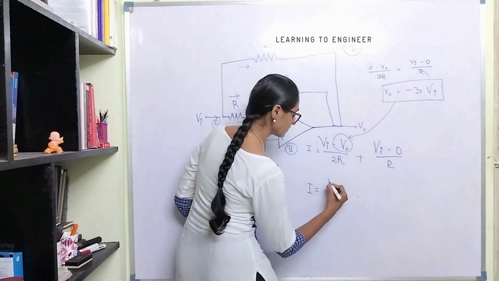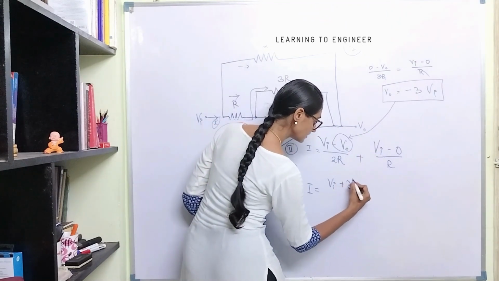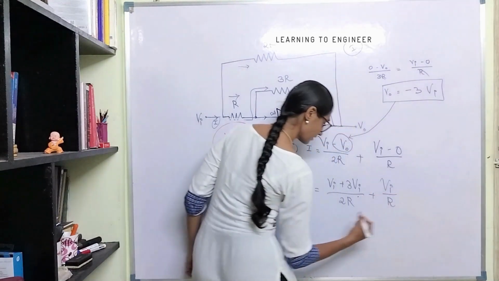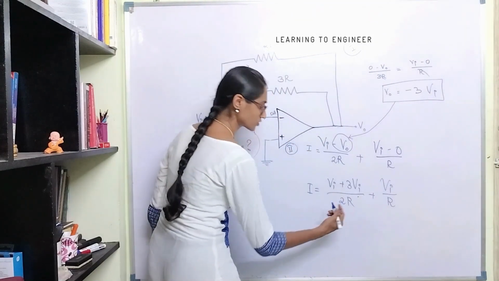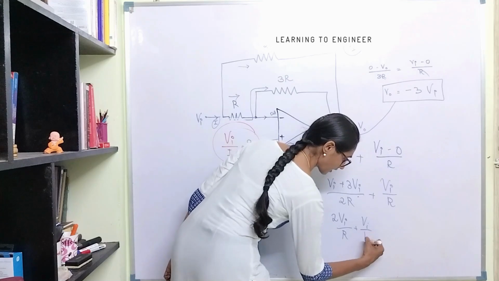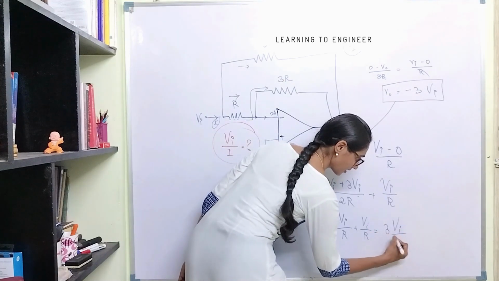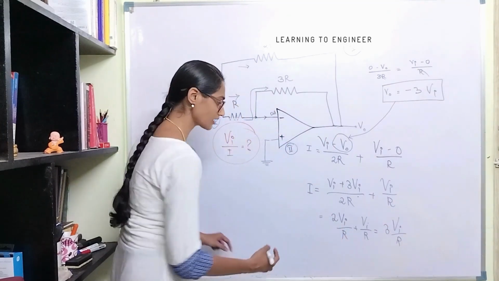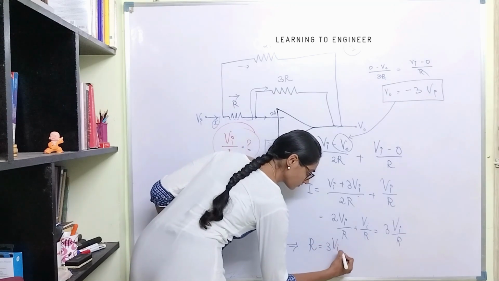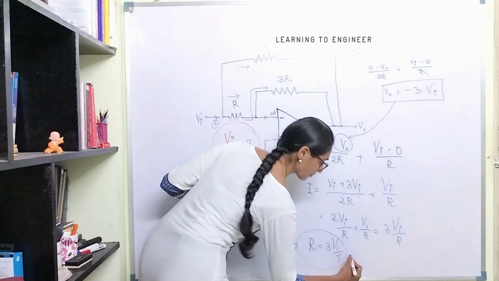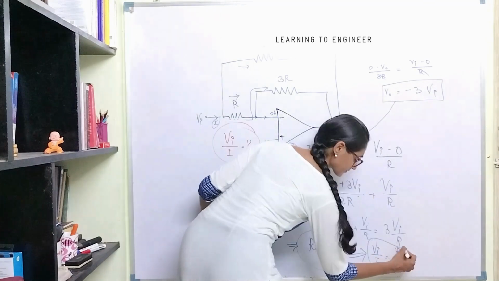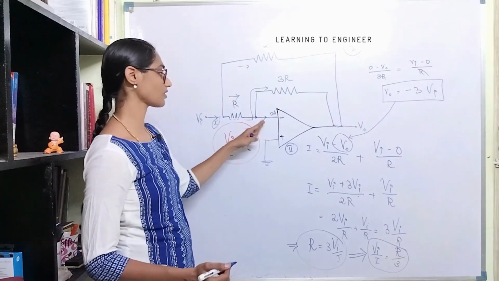So I is equal to Vi minus of minus 3Vi divided by 2R plus Vi divided by R. Okay, so 3 plus 1 is 4, 4 divided by 2 is 2, so this is equal to 2Vi by R plus Vi by R, which is equal to 3 times Vi by R. So if you rearrange the terms, the input resistance will be R divided by 3. Vi by I is equal to R divided by 3.